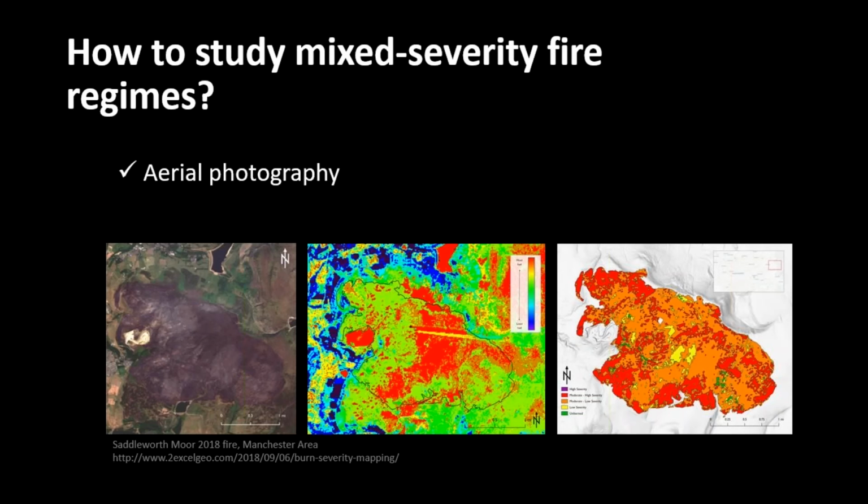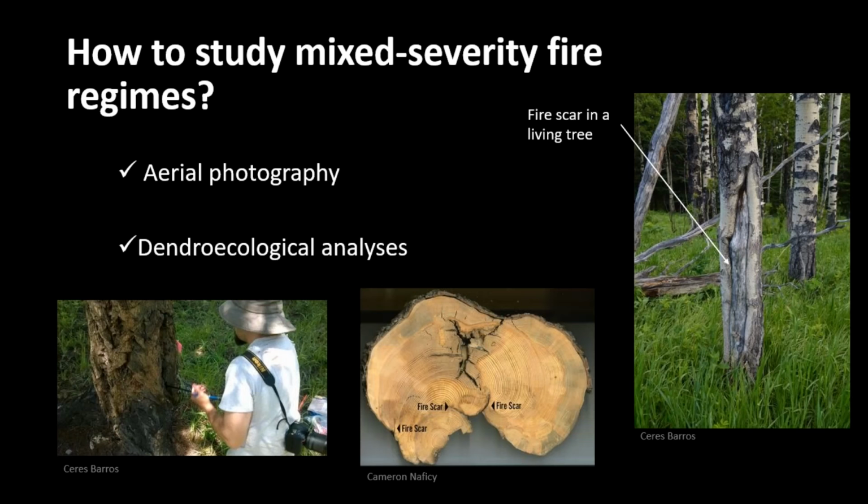And so how do we study mixed severity fire regimes? There are different techniques we can use, and I'm sure I'm not going to exhaust all of them, but common ones are using aerial photography to delimit the perimeters of fires and then delimit the different patches of severity that we see within a fire. There are dendroecological analyses, as I mentioned before, that look at fire scars and dating tree age to reconstruct fire history and fire severity.